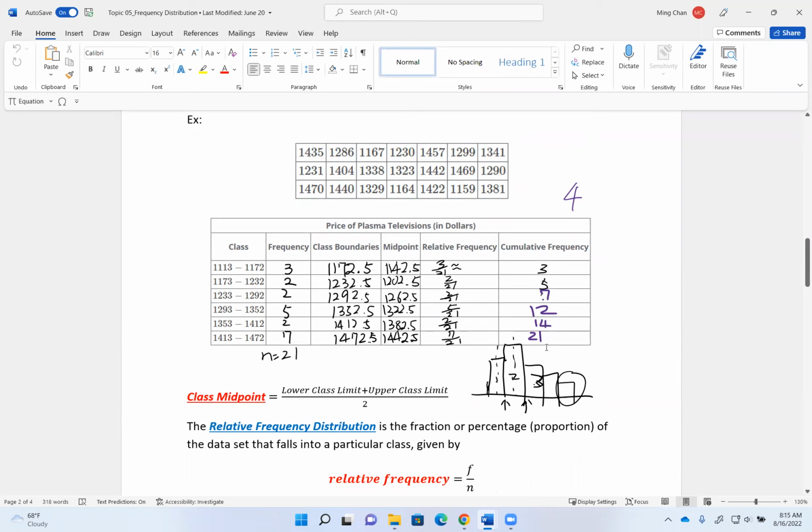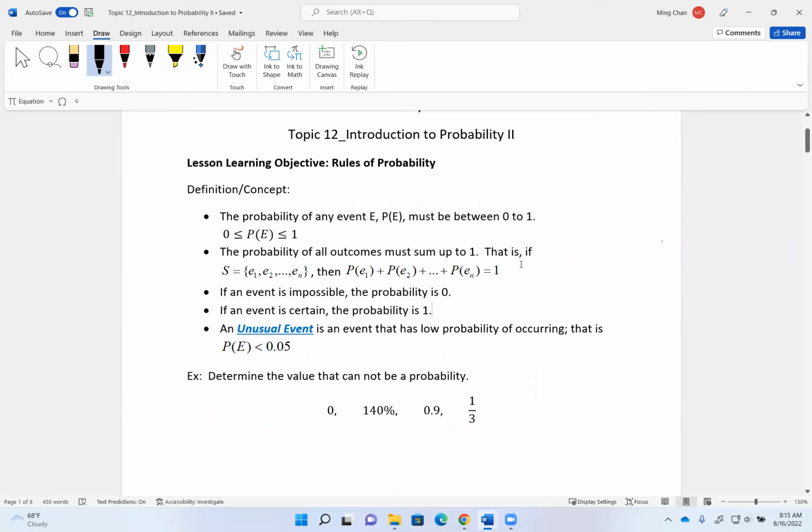So this very last cumulative relative frequency should be 21 out of 21. That tells you the total probability sums up to 1. If you figure out each decimal for the relative frequency and add them all up, it has to equal 100%. So a second rule is that the probability of all outcomes must sum up to 100%.